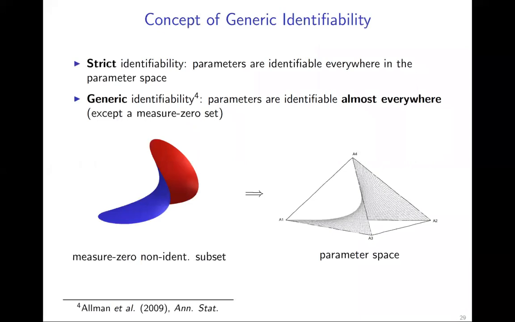So this motivates us to consider the generic identifiability for the latent attribute model family. The strict identifiability result that I presented earlier basically means parameters should be identifiable everywhere in the parameter space. But generic identifiability makes a little bit of a compromise, only requiring parameters to be identifiable almost everywhere, in the sense that it can accept a Lebesgue measure zero set from the parameter space.